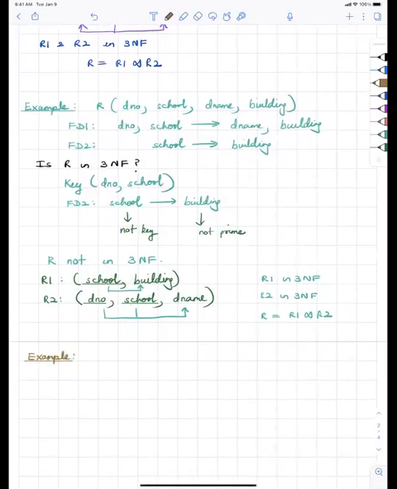Okay, so now let's look at this next one. And again, we'll take the same example. We have R, D number, D name, school, building.